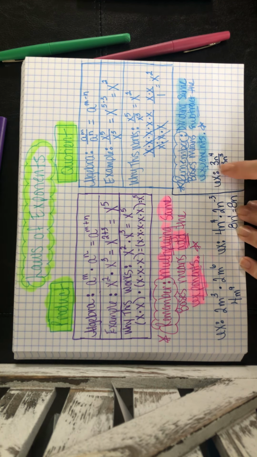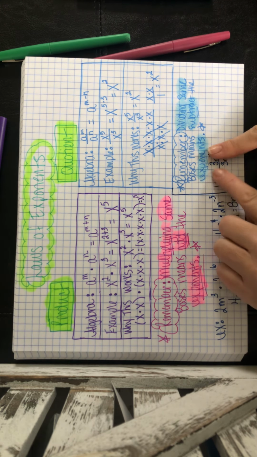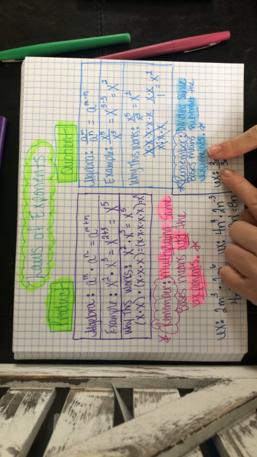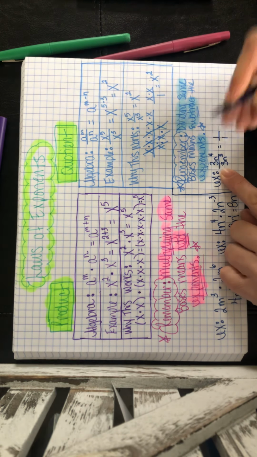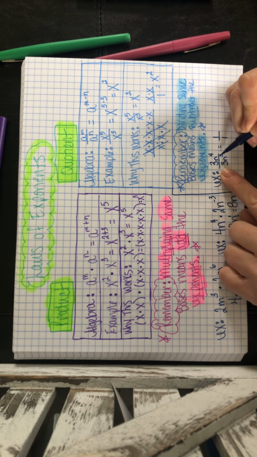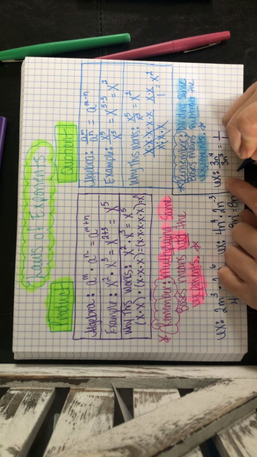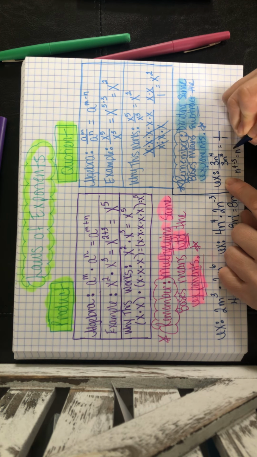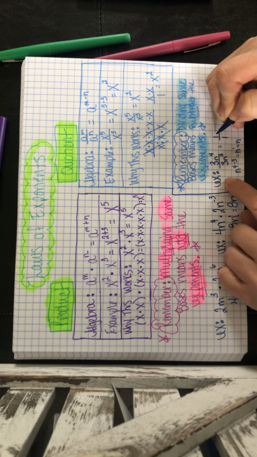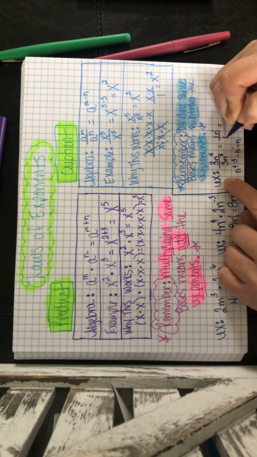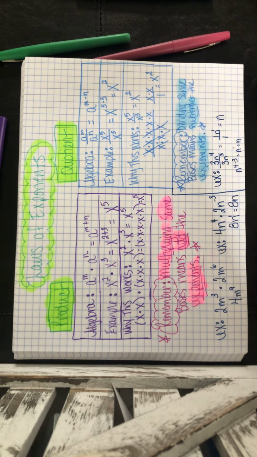So if we look at our numbers, this basically, if I cover this up, this says 3 divided by 3. So 3 divided by 3 we know is 1. So it's 1 over 1 basically. N to the fourth over n to the third tells us that we're going to do n to the fourth minus 3, which is equal to n to the first, or just n. So that means we have n to the first here. We don't need the ones, so it's just n for our final answer.